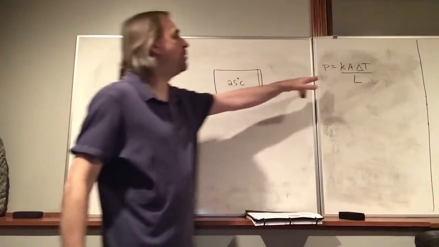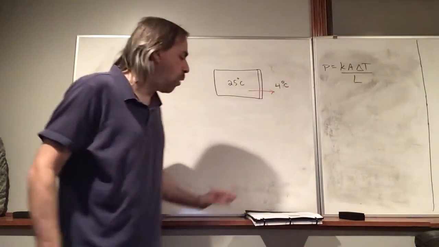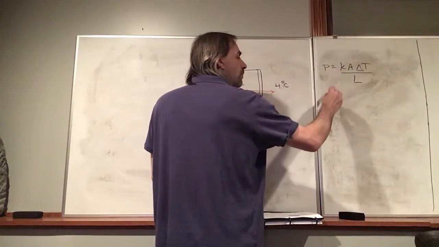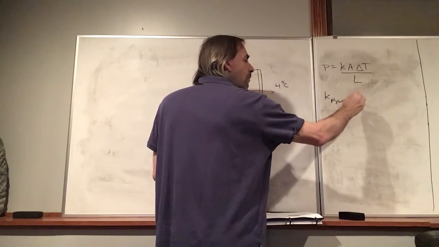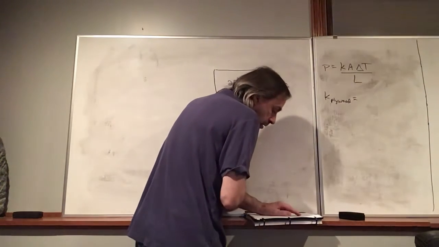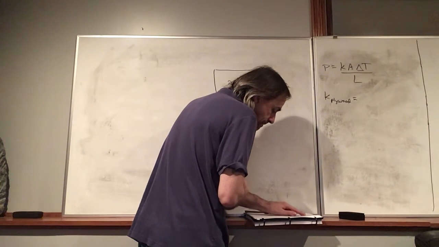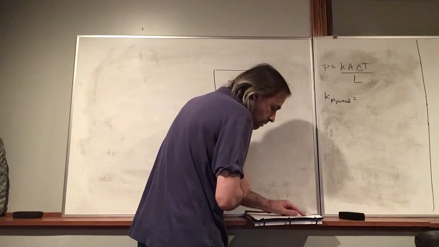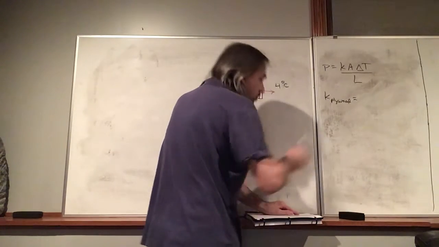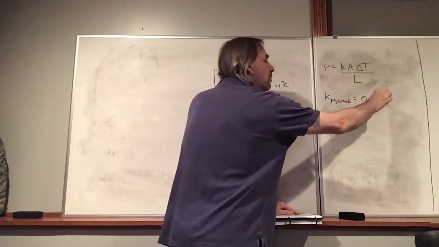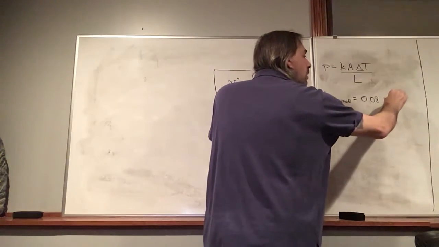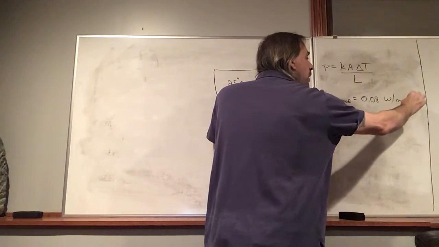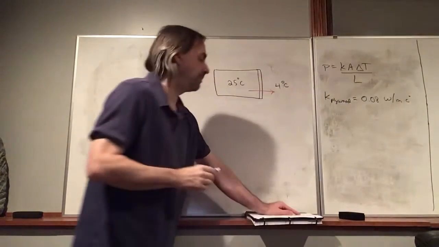Now let's look at this equation. Okay, we need to know what the wall is. The wall is plywood. So for plywood, we have 0.08 watts per meter Celsius degree.